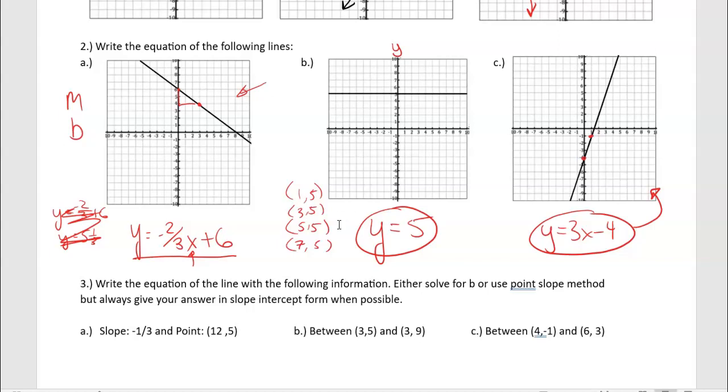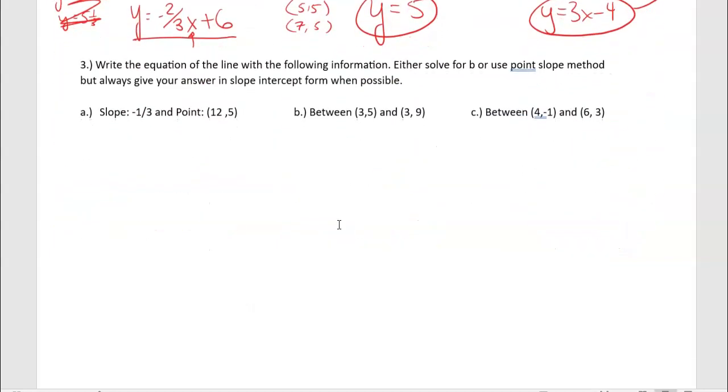Now, the last things we had to go over were writing the equation of lines. I told you that you could either solve for b or use point-slope form. I'll show you both. So if you're solving for b, you write the equation with everything you have. You then substitute in that for x and that for y.